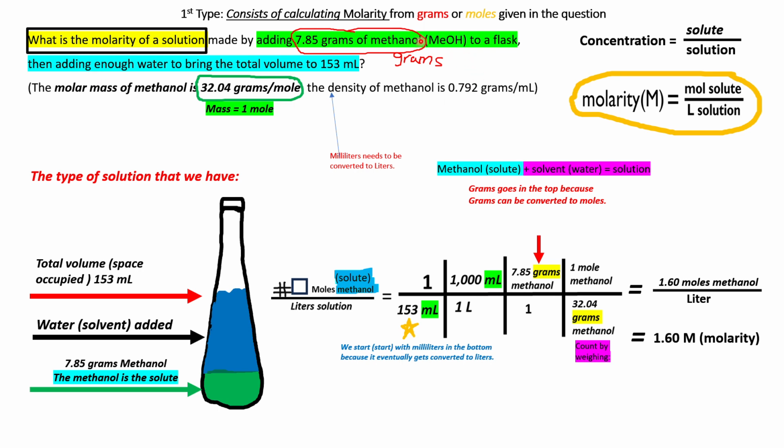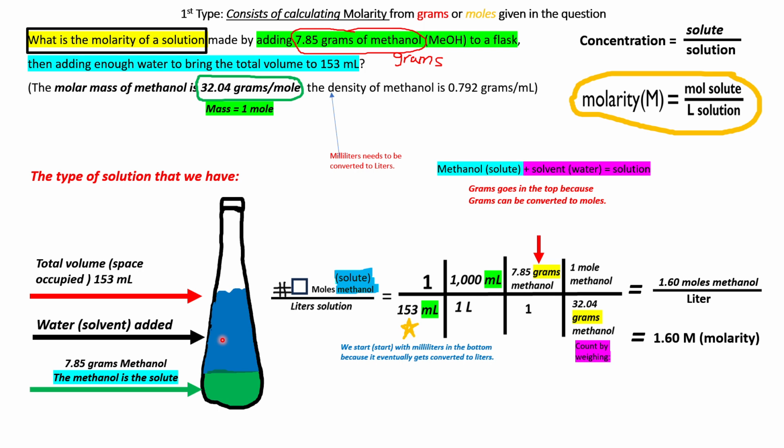But basically, what they're saying is that you have a container, and within that container, you have 7.85 grams of methanol. And since methanol is going to be mixed with water, that's called the solute. So you have 7.85 grams of methanol, and then you add water into it to create a solution.